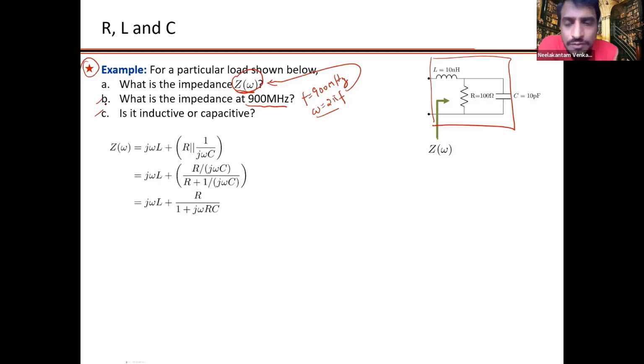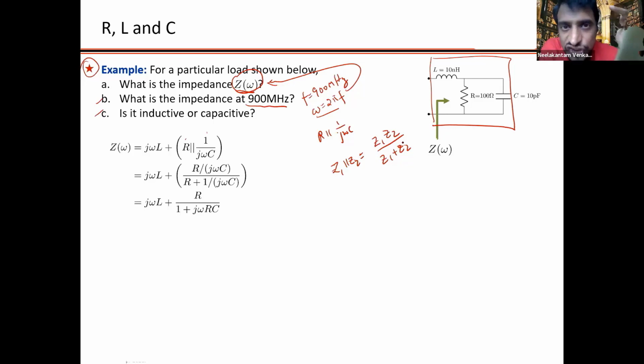So looking at the equivalent circuit, you see that there is an R which is in parallel with a capacitance, right? So R in parallel with capacitance means R parallel 1 over j omega C. Important thing, Z1 parallel Z2 means Z1 Z2 over Z1 plus Z2. R1 parallel R2 is R1 R2 over R1 plus R2.